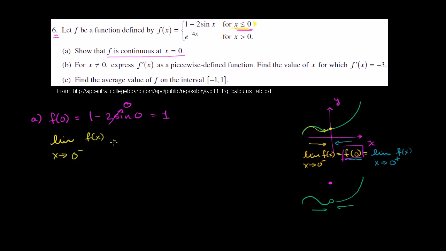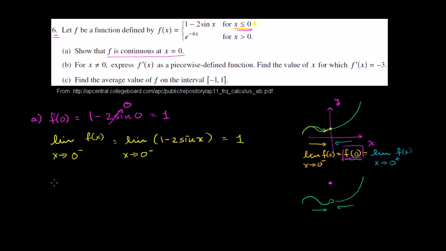This is the limit as x approaches 0 from the left of 1 minus 2 sine of x. Now, sine of x is a continuous function, so this is the same thing as 1 minus 2 sine of 0, which we've already figured out is exactly equal to 1. So the value of the limit as we approach from the left is the same as the value of the function.